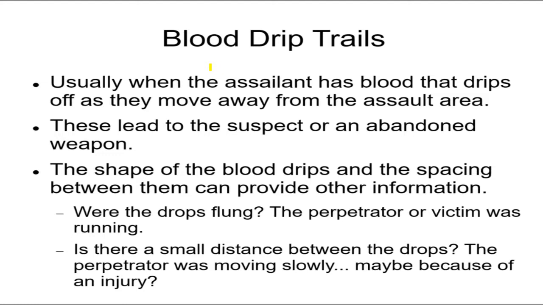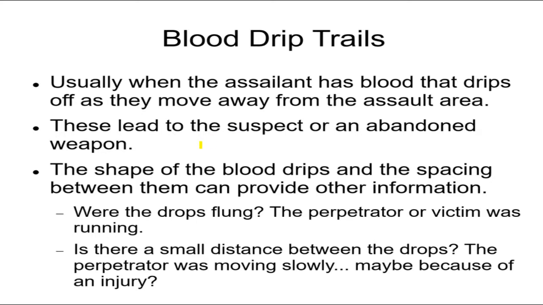And sometimes the victim might have been dragged, or carried, and you can find out where the perpetrator went and where he carried the person, to a car, maybe to an abandoned garbage dump where they put the body. These blood drip trails are very important, so we have to document them and make sure you pay attention to them. Sometimes, and very often, the shape of the blood drips and the spacing provides more information.